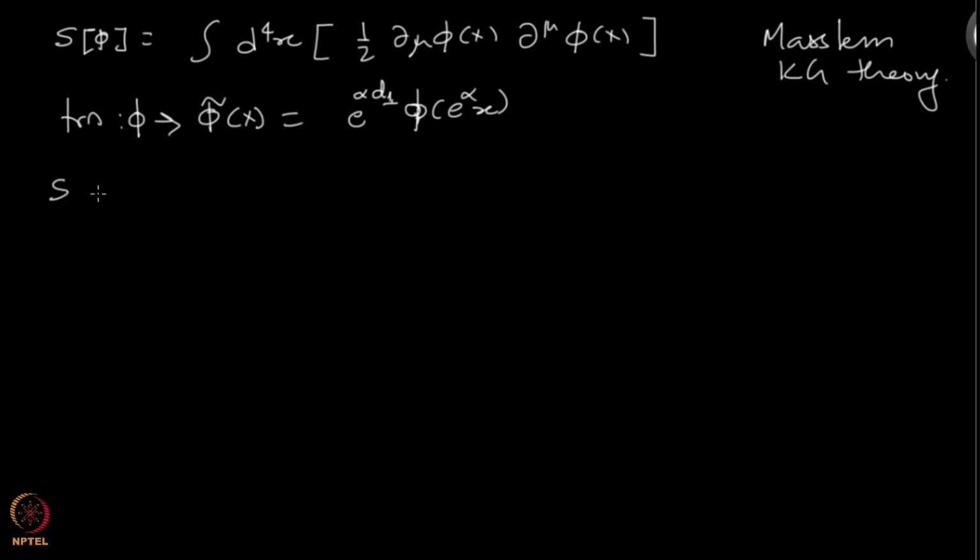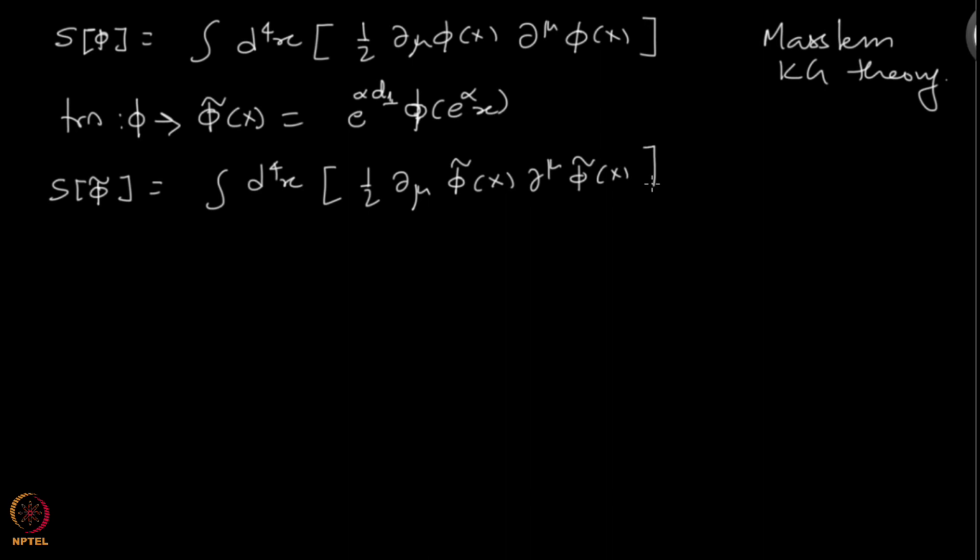So let's calculate, as before, what S of phi tilde is. You just write integral d4x half del mu, and instead of phi we put phi tilde of x, del mu phi tilde of x. Then it becomes the following. I substitute phi tilde, so I get e to the 2 alpha d1 because there are 2 phi tildes here.